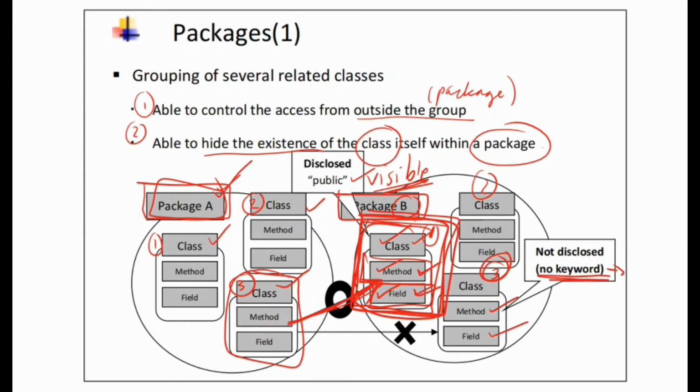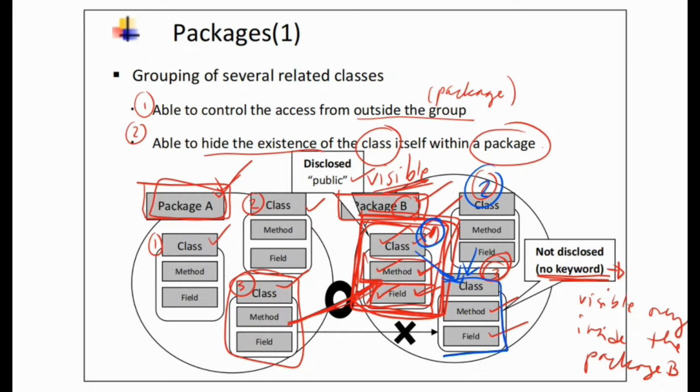Now remember, the no keyword access modifier means that that object, whether it's a class, method, or field, is visible only inside its package, package B. So only this class and this class can see and access this class, because it is using the no keyword access modifier, which makes it visible only inside package B.